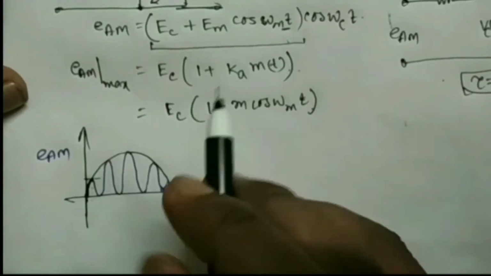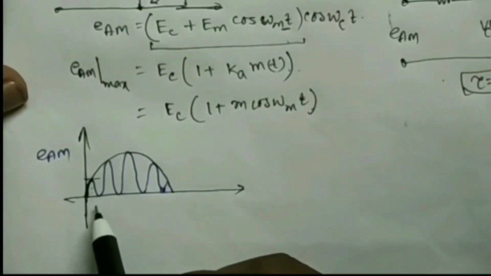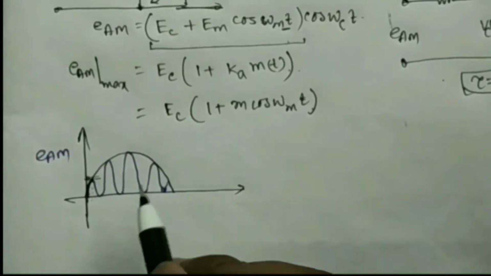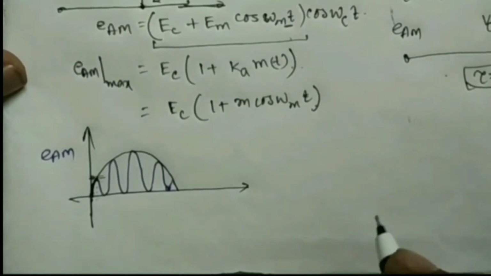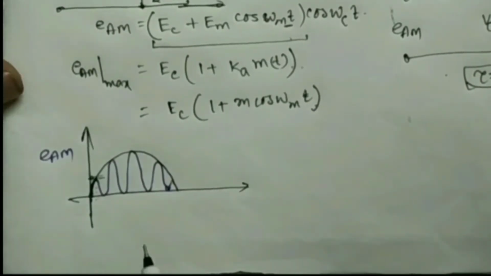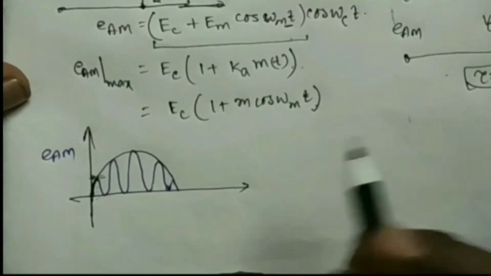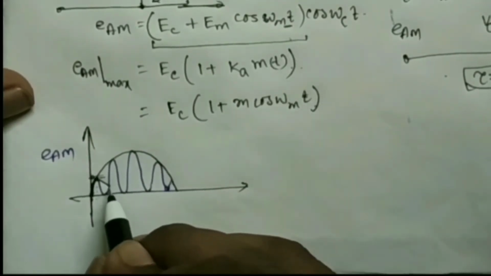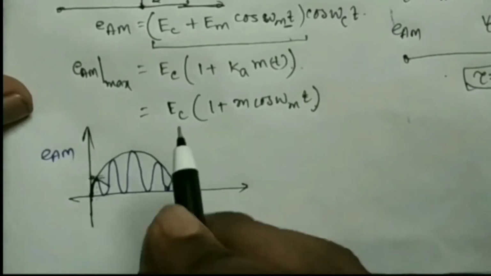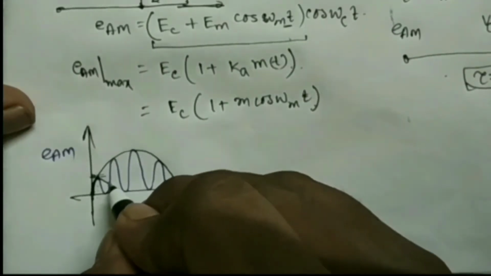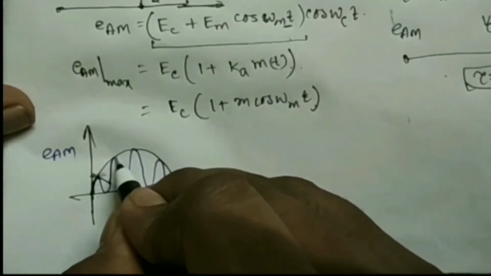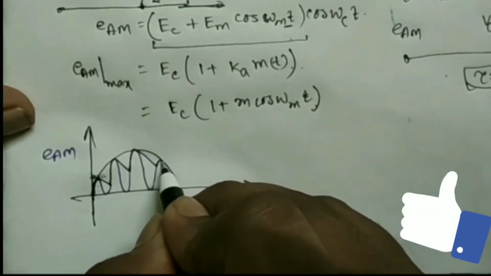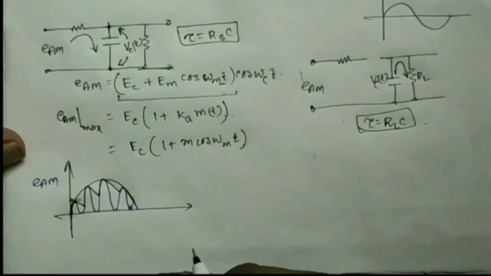After that EAM value will decrease, but VCT is this, so EAM is less than VCT, so the diode will be in reverse bias and discharging will occur. So from here discharging occurs. Again at this point EAM value becomes higher than VCT, so charging will occur again. Again at this point discharging occurs, again charging, and the process will go like this.